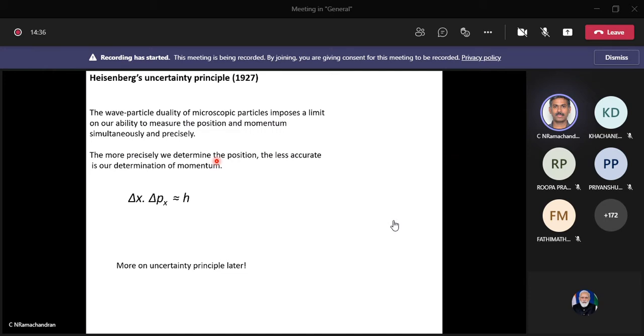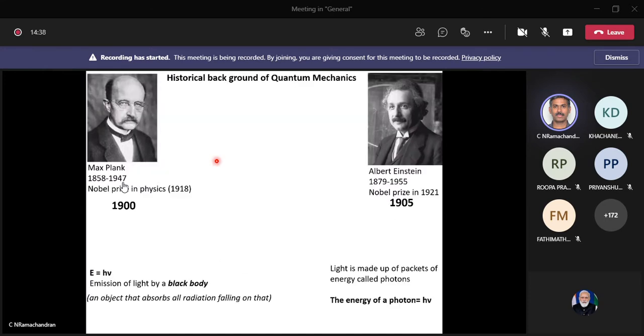More on the uncertainty principle we will come to later. This we will have to discuss later. And for the historical background, I have to go a little bit back also. Max Planck's contribution, E equals h nu, about black body radiation, and also Einstein's. There are several works, but one made light a packet of photons.